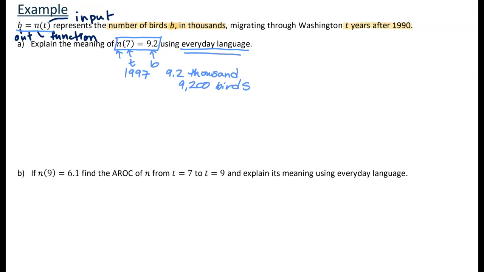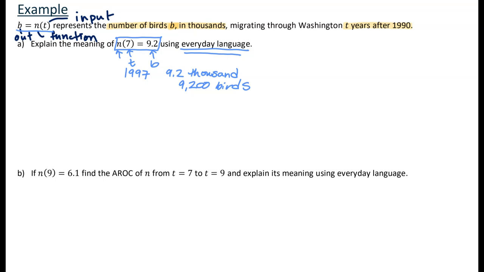So to put that all together, if you were going to explain this for me on a test, I would love to see something like a complete sentence. In 1997, 9,200 birds were migrating through Washington. That would be an excellent explanation. In general, I am looking for that complete sentence. I am looking for you to give me the numerical values in the sentence.